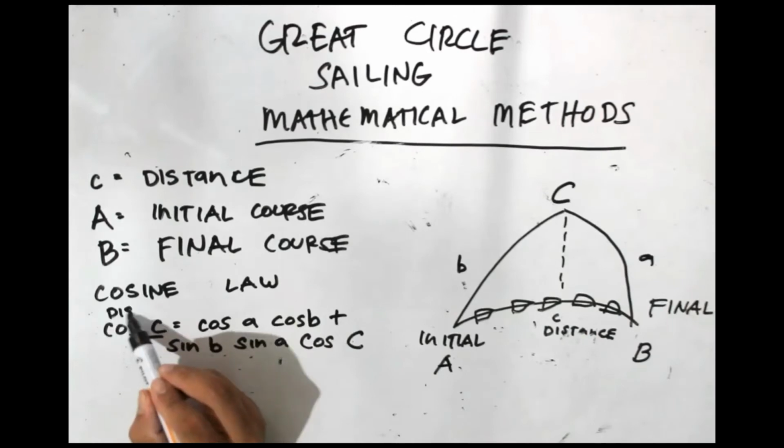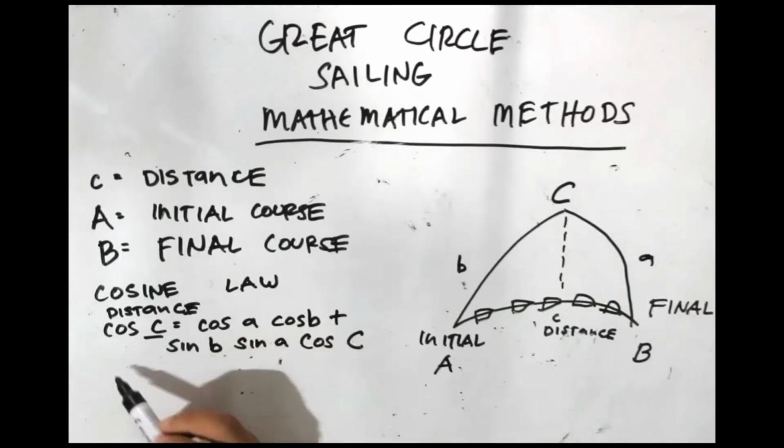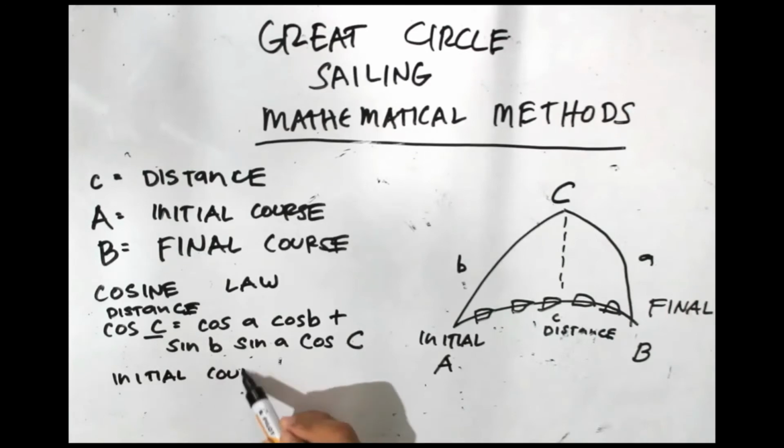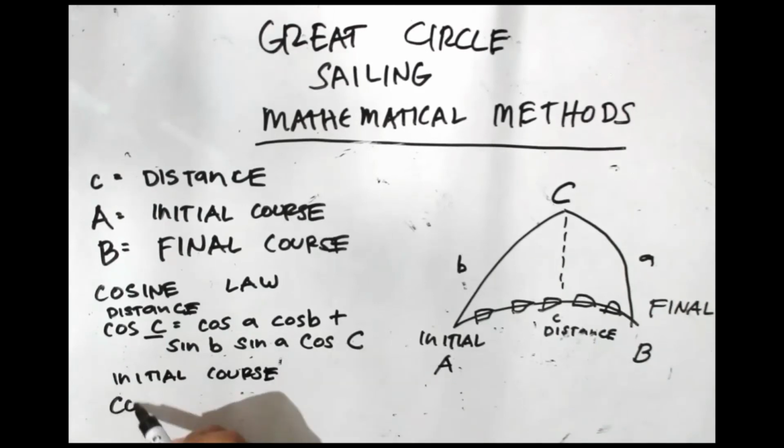Okay? How about the initial course? No? What will be the formula for the initial course? By cosine law. So in solving for the initial course, okay, the formula will be cosine A kasi yun yung hinahanap natin. Okay?